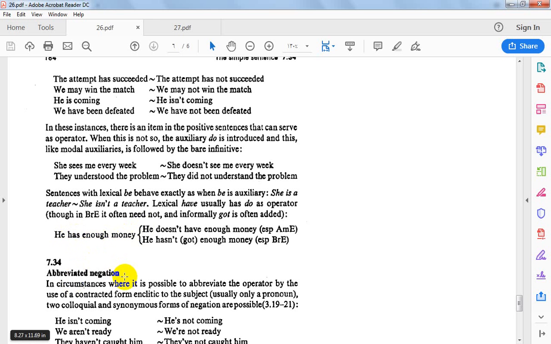Move to what is called abbreviated negation. Abbreviated means there is some sort of contraction here. In circumstances where it is possible to abbreviate the operator by the use of a contracted form attached to the subject, usually not only a pronoun, colloquial and synonymous forms of negation are possible.